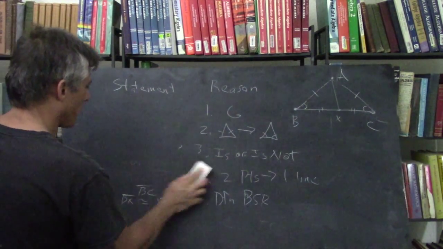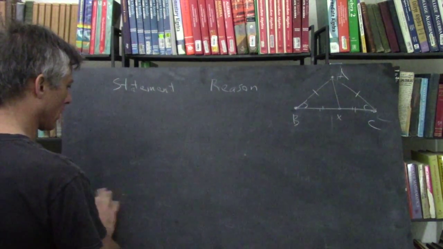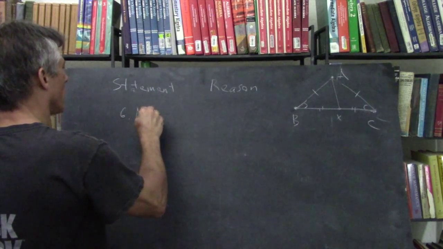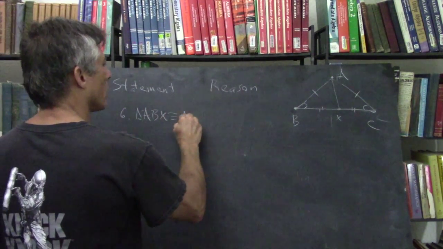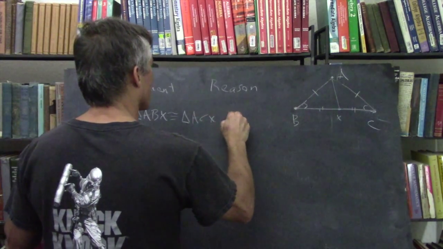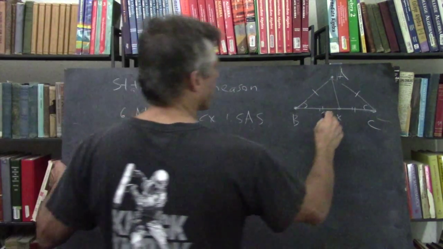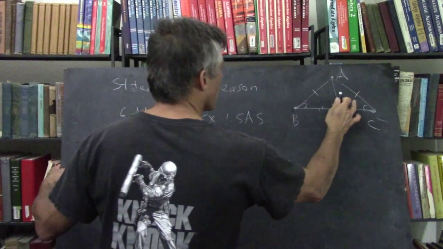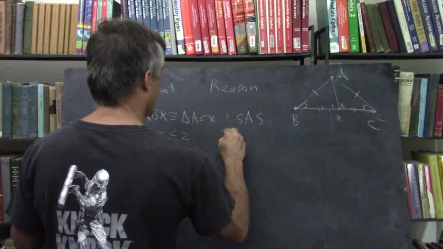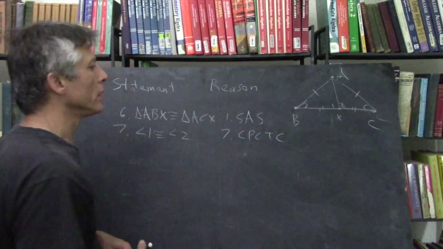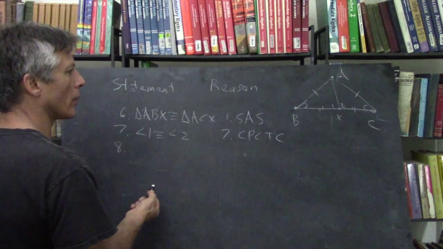So we know, we're on what, 6? So triangle ABX is congruent to triangle ACX, side angle side, but then angle 1 congruent to angle 2 by CPCTC, but then they're both 90-degree angles.